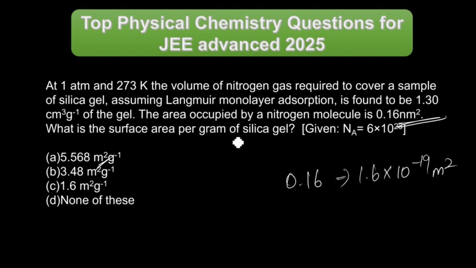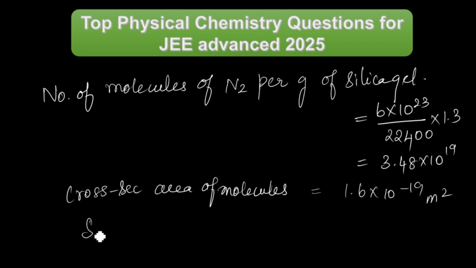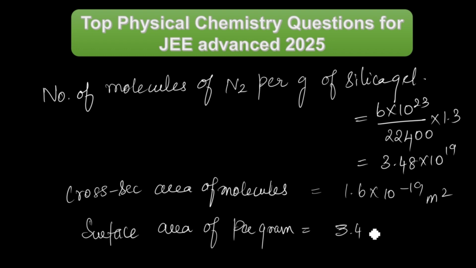So finally, the surface area per gram of silica gel, which is equal to the number of molecules, that is 3.48 into 10 to the power 19, into the cross-sectional area.